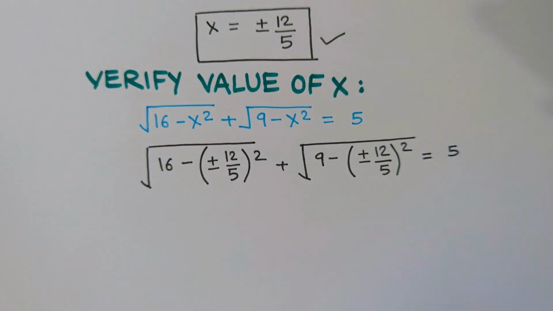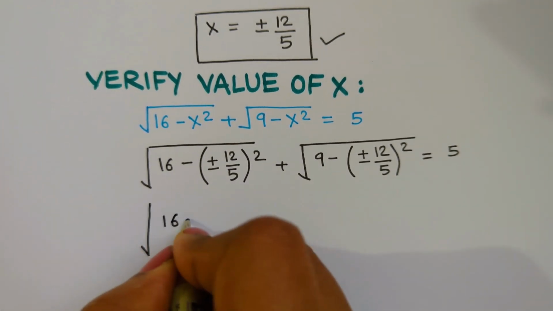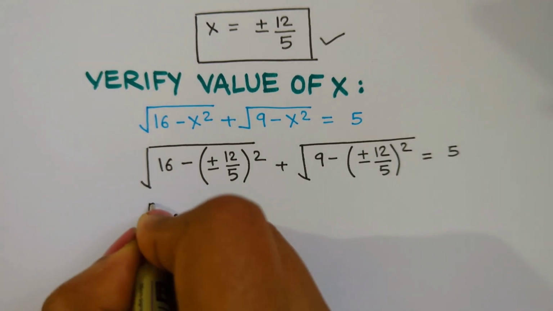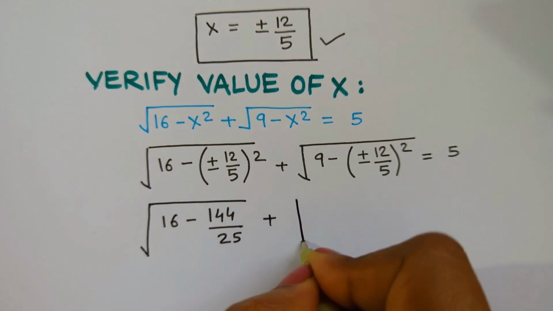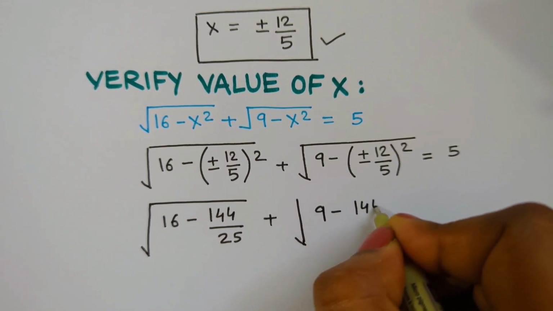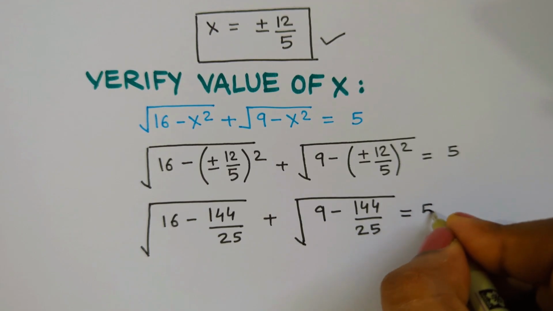We just want to understand whether the left hand side and the right hand side match or not by putting in our value of x. So moving on, square root of 16 minus 144 divided by 25 plus square root of 9 minus 144 divided by 25 is equal to 5.